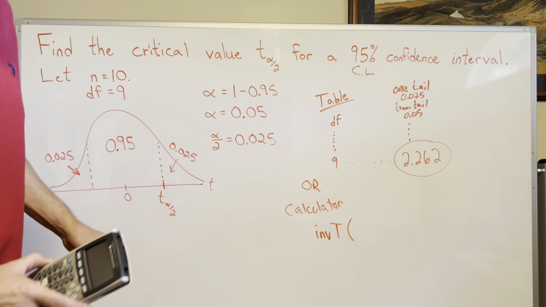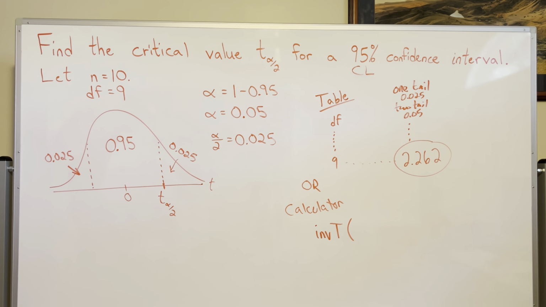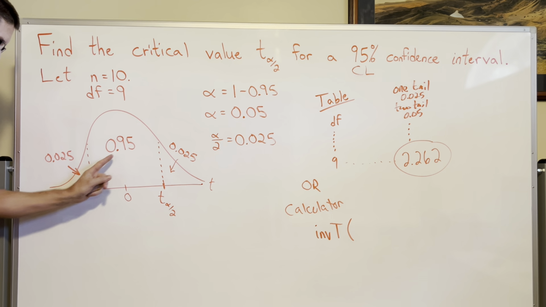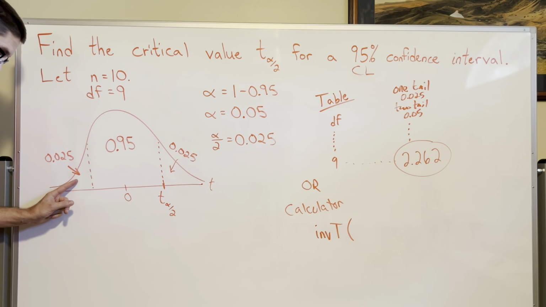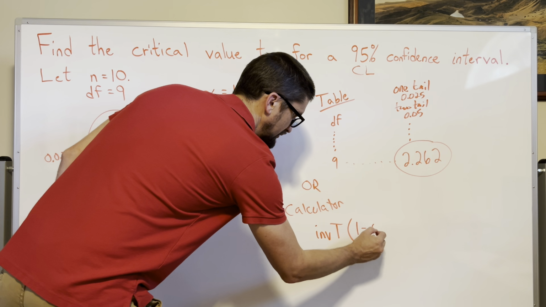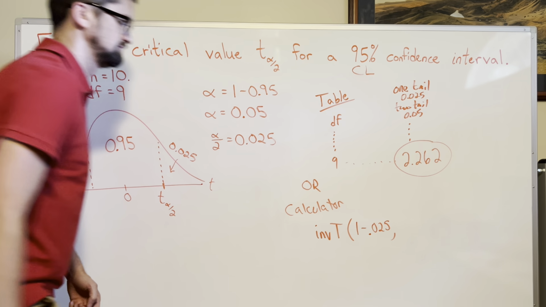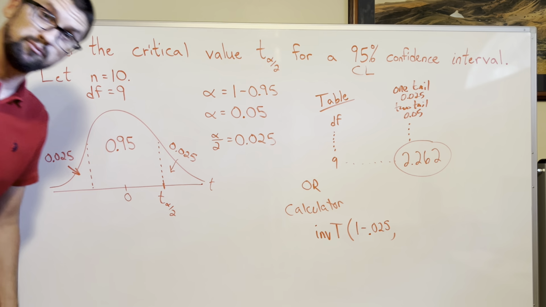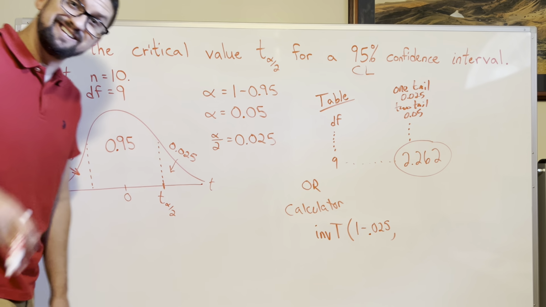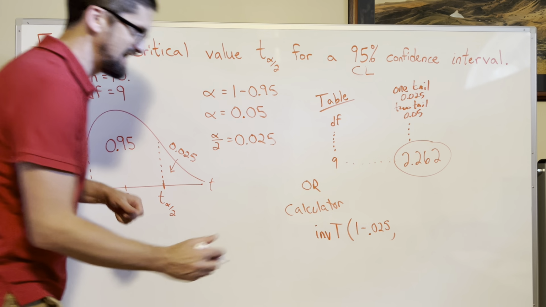I need to tell it the area to the left. So you got to be careful here. The area to the left is 0.95 plus this 0.025, or you can do 1 minus 0.025. You're going to get 0.975. And you have to put a comma and then tell it the degrees of freedom, which is 9.